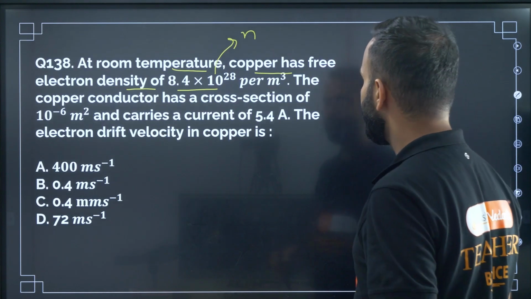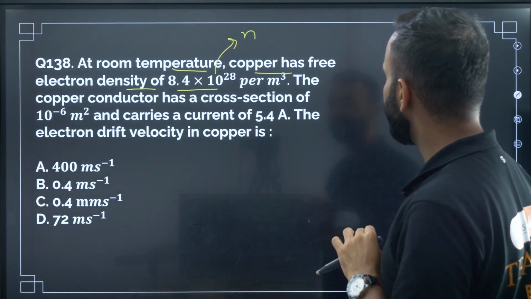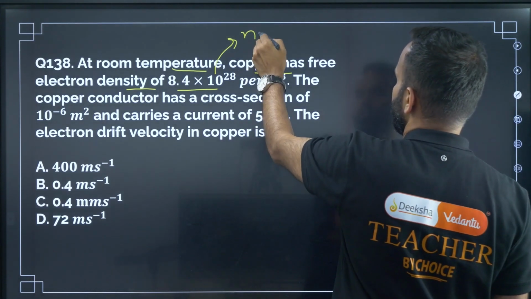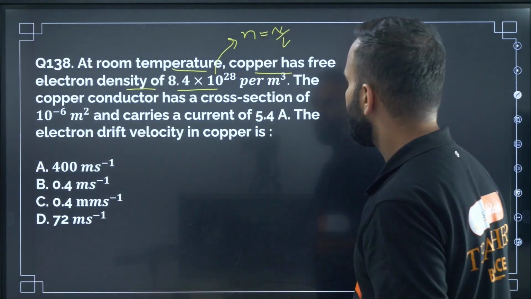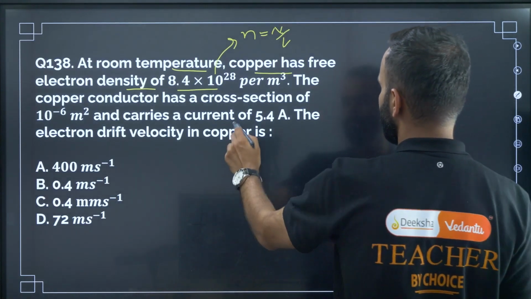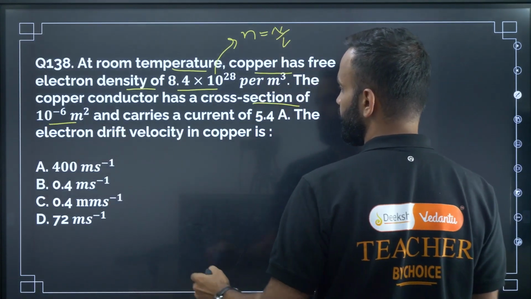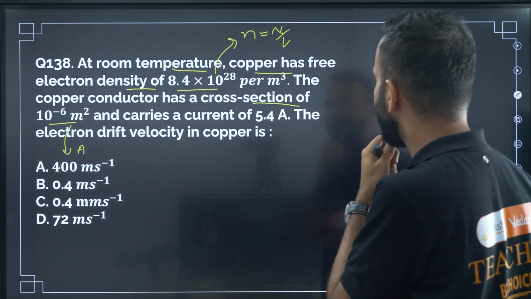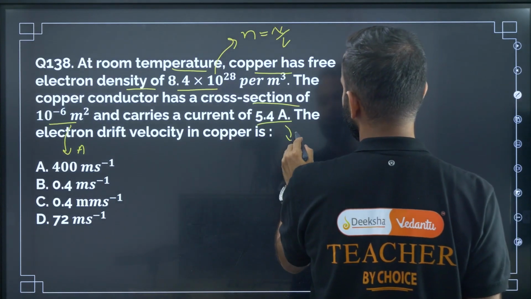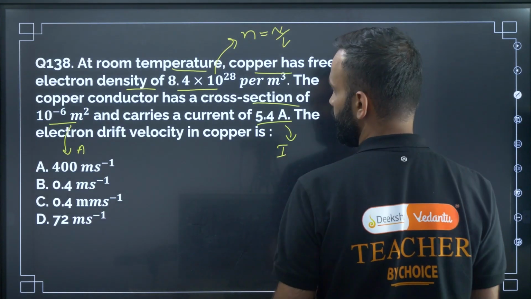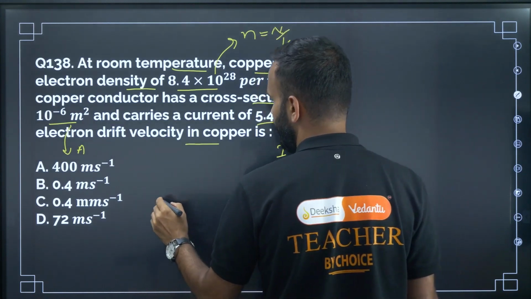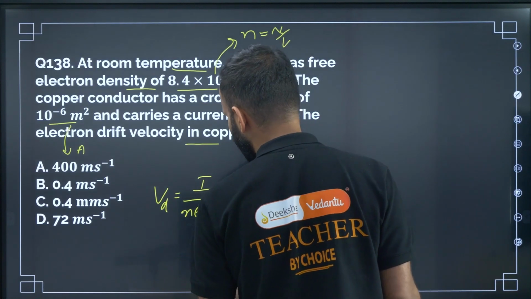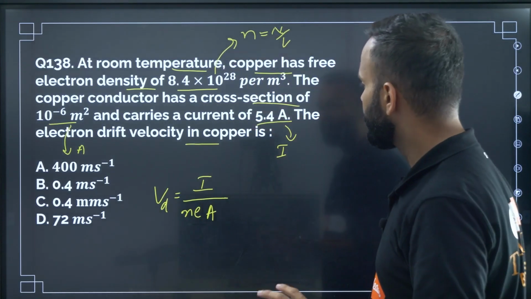That is the value of small n, which is equal to N by V. The copper conductor has a cross section of 10 to the power minus 6 meter square and carries a current of 5.4 ampere. The electron drift velocity in copper: Vd is equal to I divided by nEA, right? This is the formula of the drift velocity in terms of current.